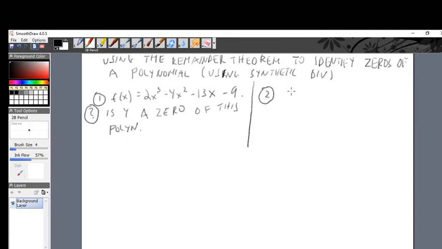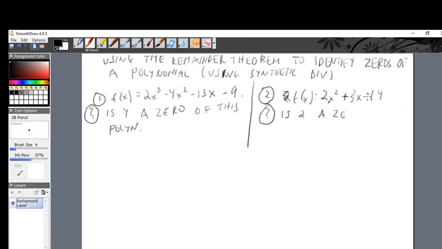If I've got f of x is equal to 2x squared plus 3x minus 14, and the question is, is 2 a 0 of this polynomial?